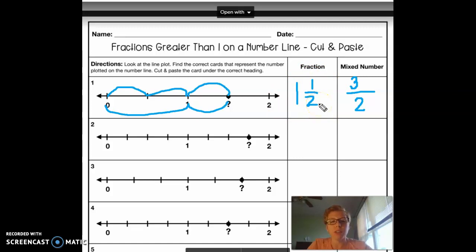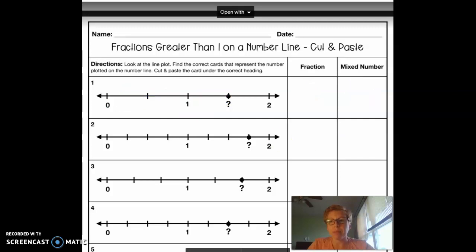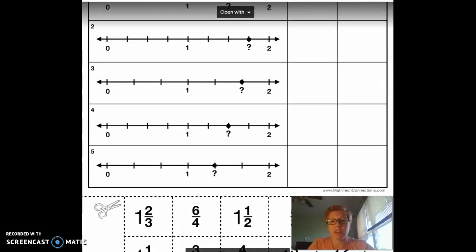And you will do the same process for the rest of the fractions. It might be easier for you to find the whole unit and then the denominator as a fraction next to it, or it might be easier for you to start off with finding the mixed number. The choice is up to you. But you need to match the fractions at the bottom of the page, let's go look at them, to the fractions on the number line.